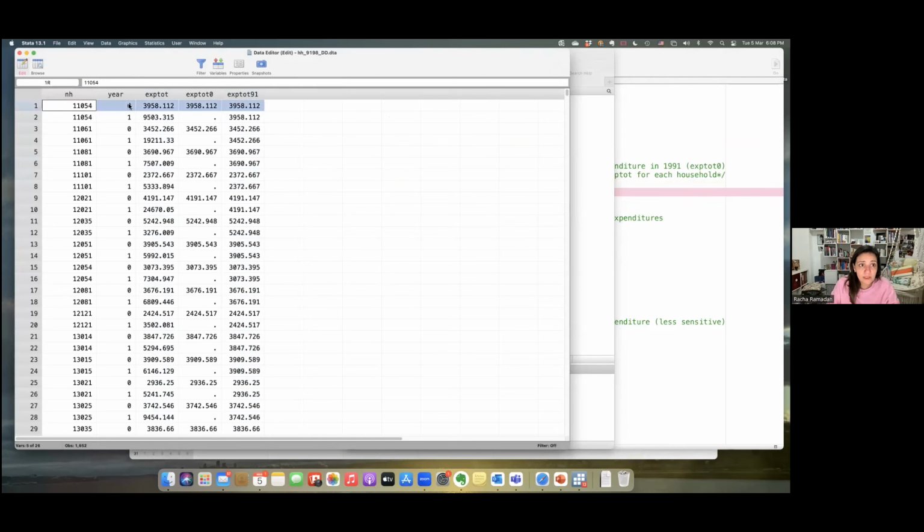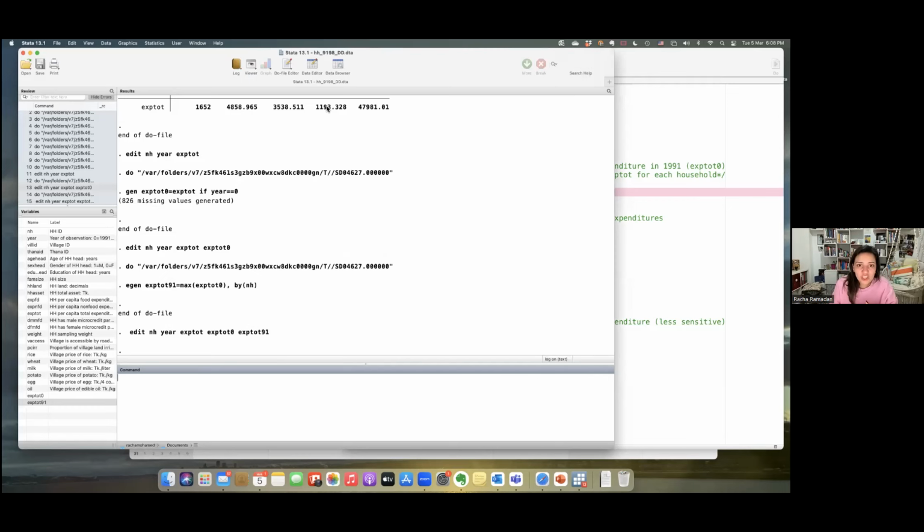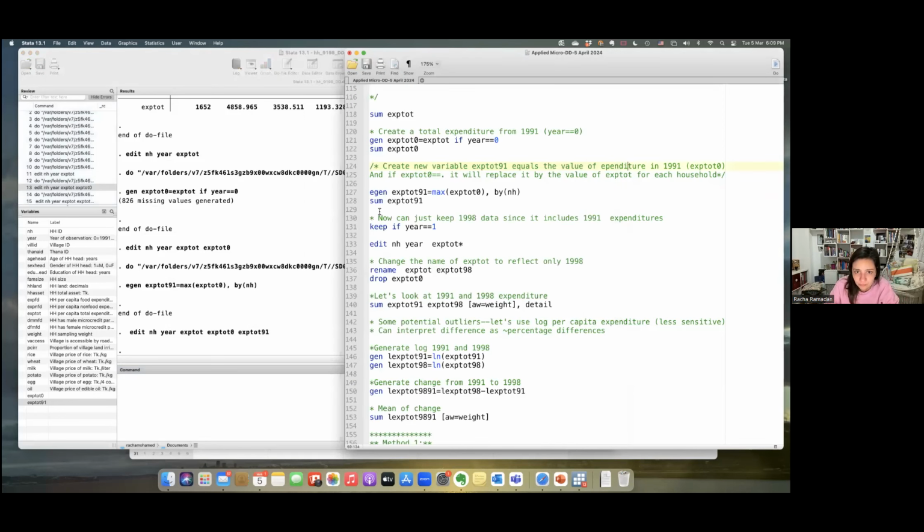I can remove this line where the year equals 0, and I can remove this column of total expenditure 0, and I will have the two values: total expenditure for 98 and total expenditure for 91. Okay, it is another way of reshaping, but I am only focusing on the variables of interest. I don't want to change the other variables for now.